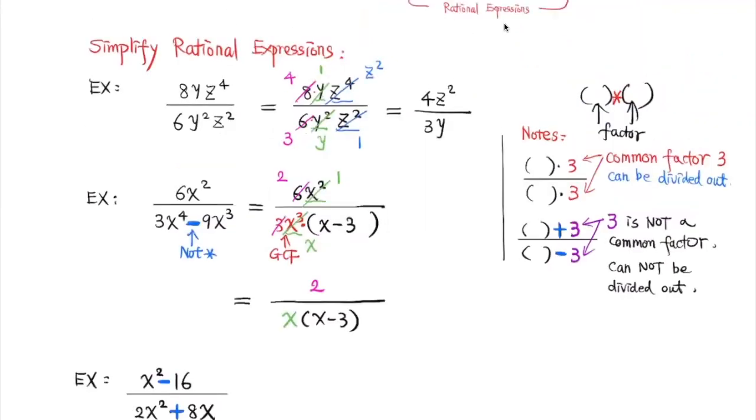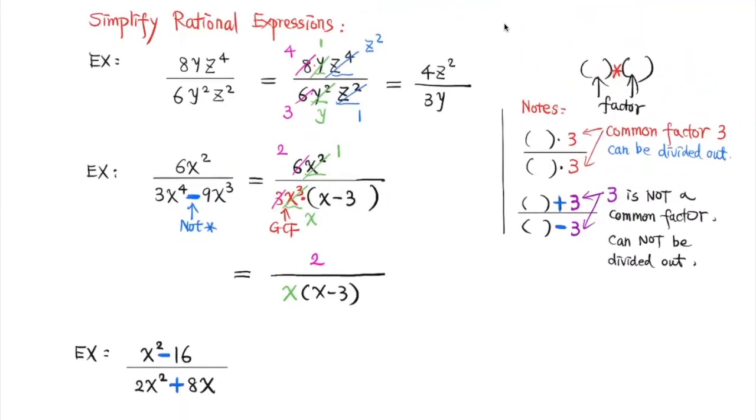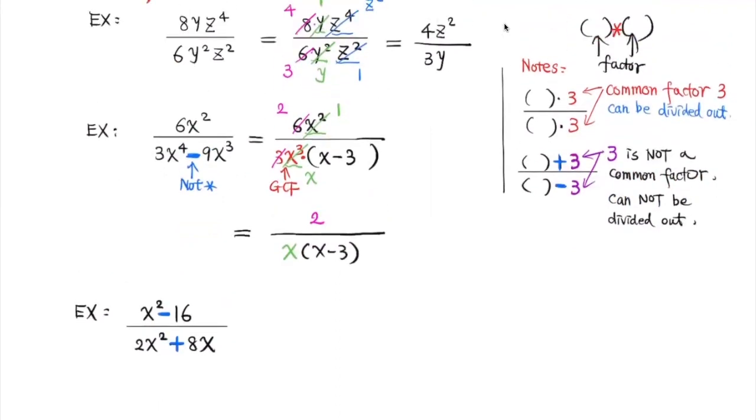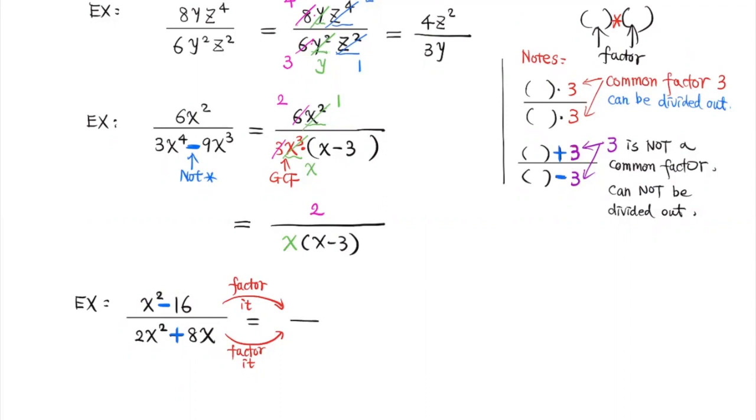Factors have to be separated by multiplication only. So in order to divide out common factors up and down, we need to factor the numerator and the denominator. Notice that the numerator on top is a difference of squares, x squared minus 4 squared. So that will factor into x minus 4 times x plus 4.